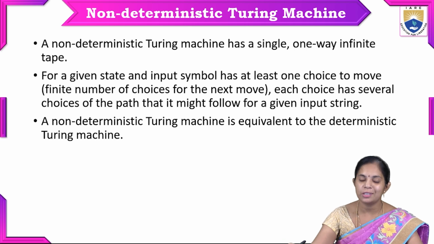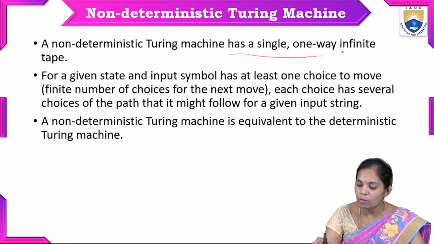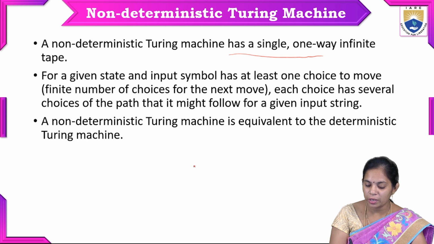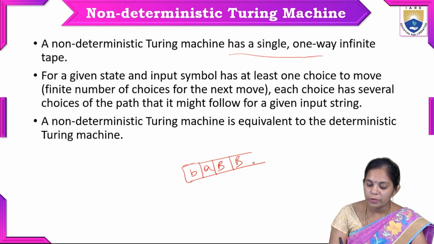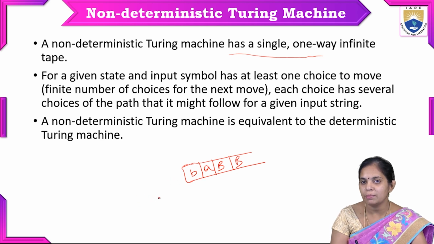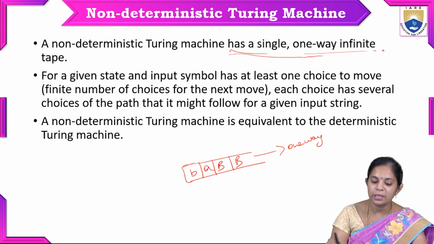Non-deterministic Turing machine. A non-deterministic Turing machine has a single one-way infinite tape. One way in the sense that suppose B is there, and A, and the remaining are all blank symbols. It does not have the blank symbol on the left-hand side, so we can say that it is a one-way infinite tape.